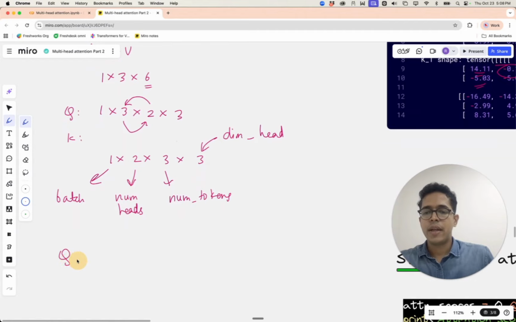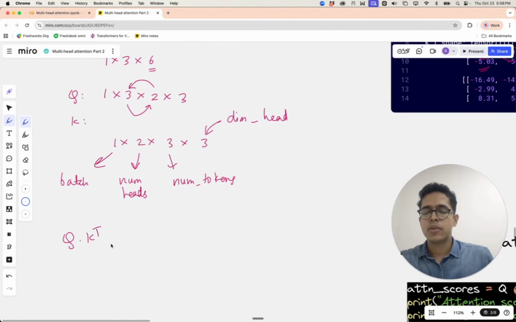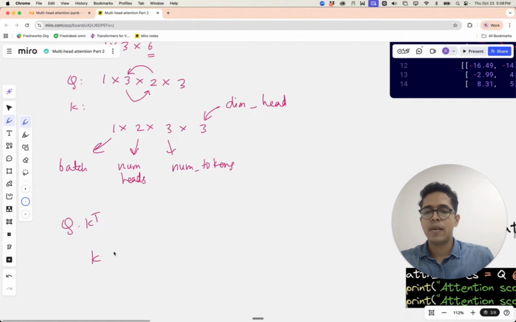Then we wanted to take query dot key transpose. So before that, what we did was for key, we took a transpose along dimension number 2 and number 3. This is dimension 0, this is dimension 1, this is dimension 2 and dimension 3. So key dot transpose of dimension 2, 3. Key dot t of 2, 3. That is what we just did now. And then we can take the query dot key transpose.